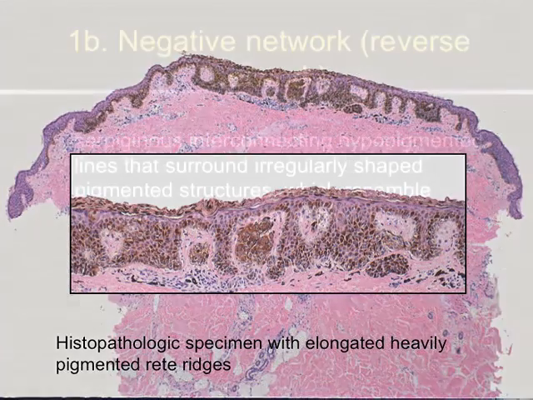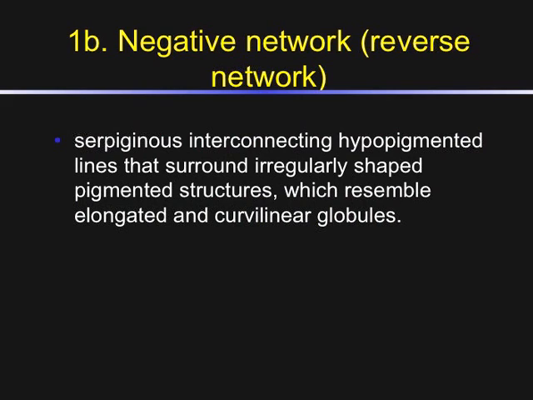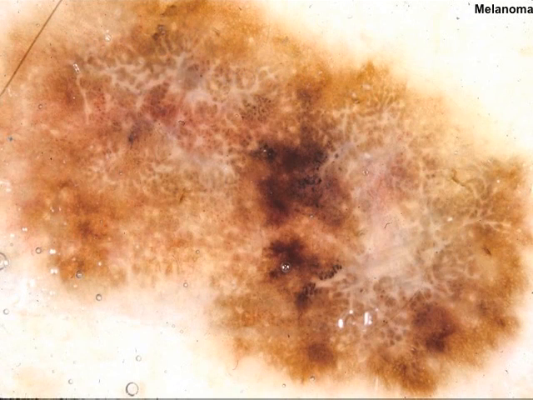Now, a negative network, by definition, consists of serpiginous, interconnecting, hypopigmented lines that surround irregularly shaped pigmented structures that resemble elongated and curvilinear globules. Here is the image.